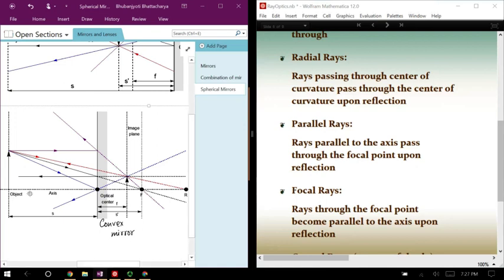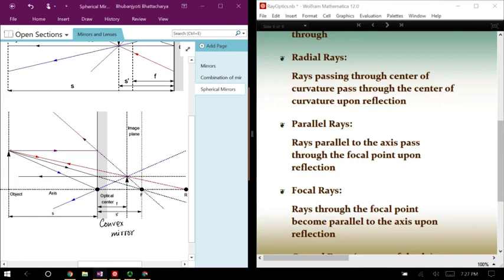Since they are behind the mirror, this ray of light coming from the object cannot actually pass through the center of curvature, because it would hit the mirror before reaching the focus or the center of curvature. So the rule for the radial ray still holds: a ray that would be heading toward the center of curvature is just reflected straight back.